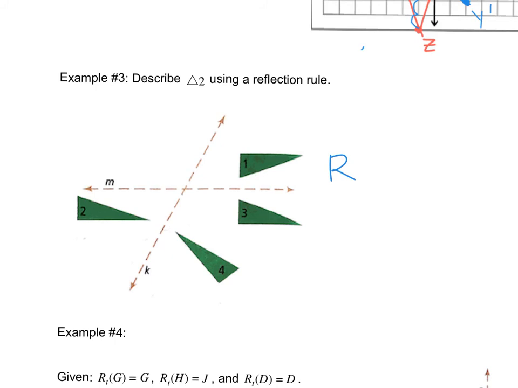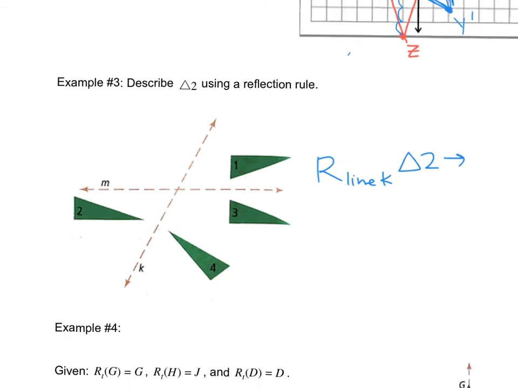And now your job is to figure out where 2 is being reflected. So what line are we reflecting over? K, right. So we're going to say a reflection over line K of triangle 2 will map onto what triangle? If I reflect 2 over K, I end up where?